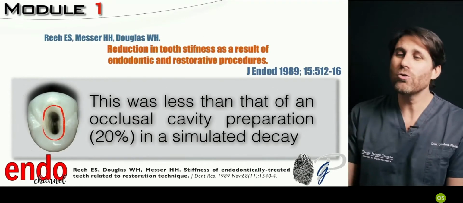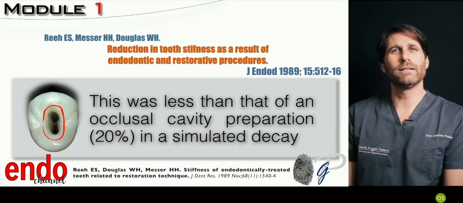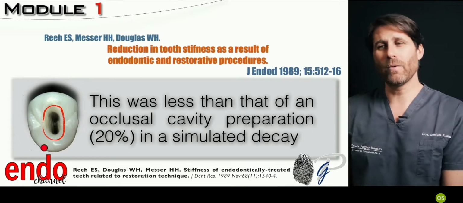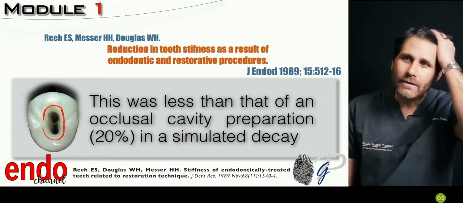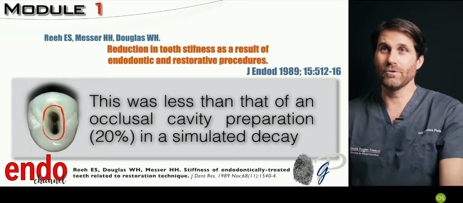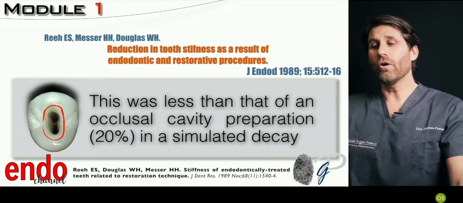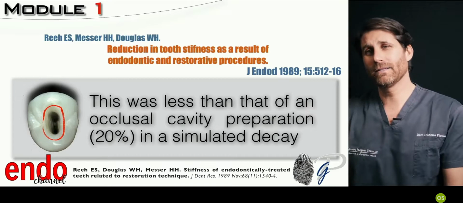If we have an occlusal caries that leads to the endodontic treatment, so we have the endodontic procedures and a more opened access cavity given by the caries presence in the occlusal surface, we have a 20% loss of strength of the cusp.